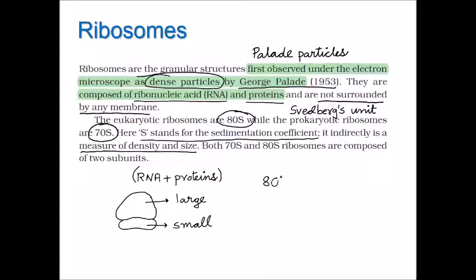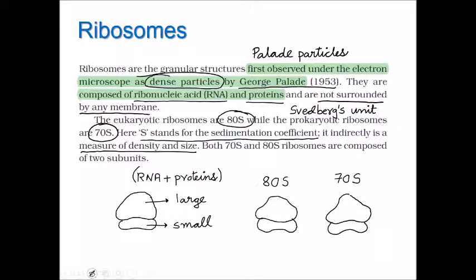The 80S ribosome is found in eukaryotic cells, and it has a larger subunit and a smaller subunit. Similarly, in prokaryotes there is the 70S ribosome, which also has a larger subunit and a smaller subunit.